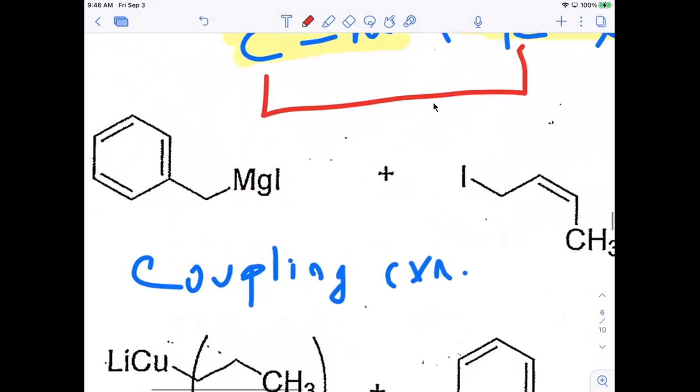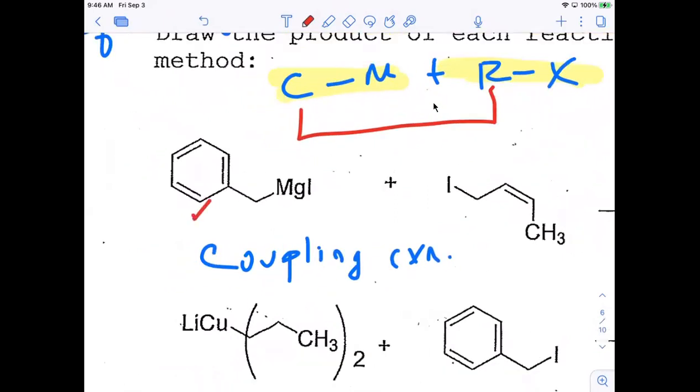So here, what type of organometallic is this? And where is the CM bond? Right, so I have magnesium as my metal, yes? So what category of organometallic is this?